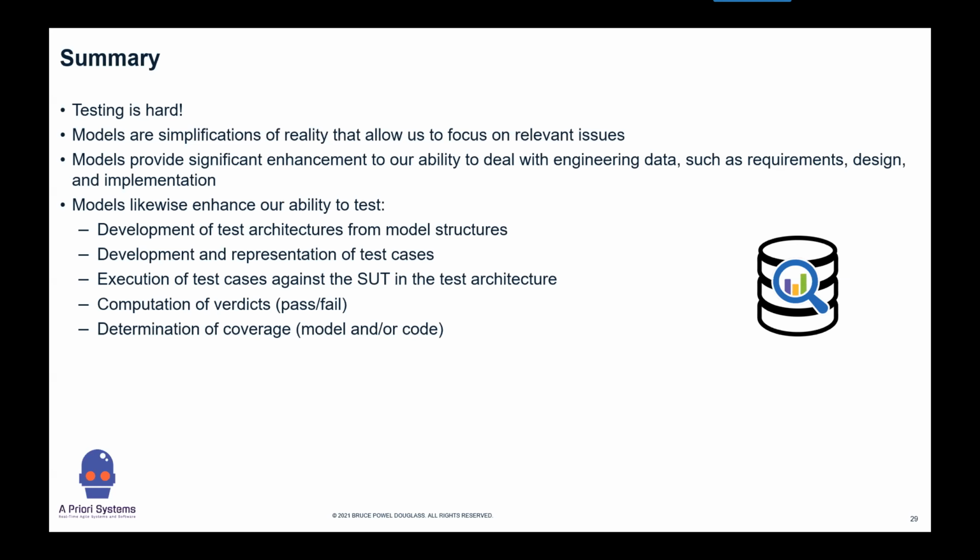Then there's execution of the test cases against the system under test and the test architecture. So you actually run the test cases in your modeling environment. You can compute the verdicts automatically, depending upon the automation you have in place. And then you can determine coverage, both model coverage and, if you're doing software intensive systems, code coverage as well.